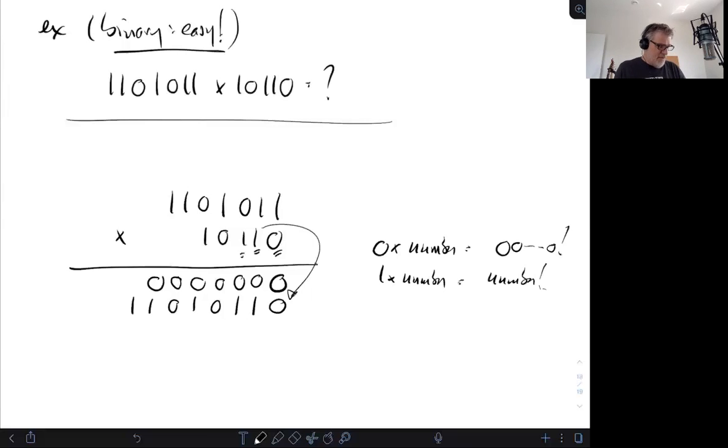Okay, so I move on to the next. I put 2 zeros here, and I just write down the number. 1 1 0 1 0 1 1, if I didn't mess up. Then there's the 0. I would have just a bunch of zeros. 1 2 3, so that would be 7. And then finally this last one here.